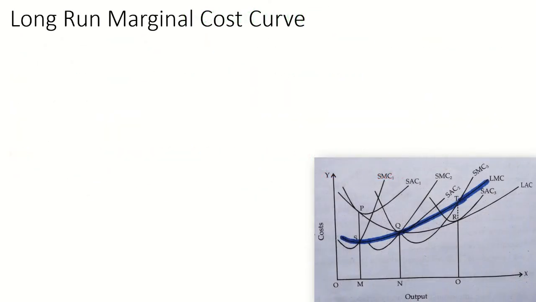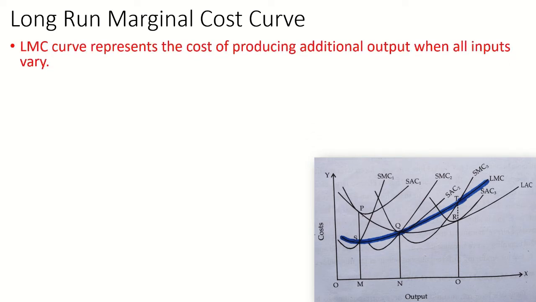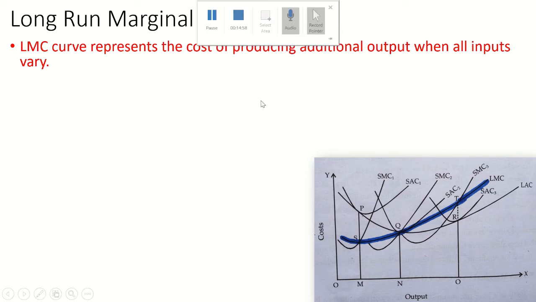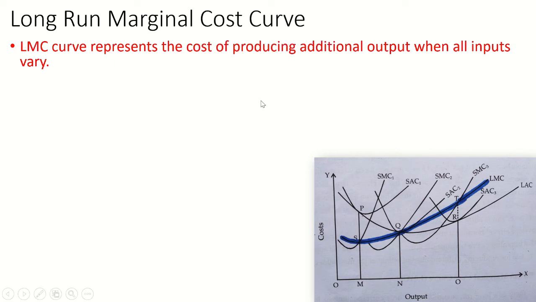And the next topic is the long-run marginal cost curve. In the last class, we discussed the short-run marginal cost curve, and you know what is meant by marginal cost. Here we can see that the LMC curve represents the cost of producing additional output when all the inputs vary.